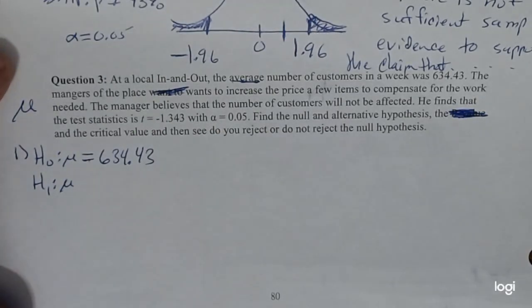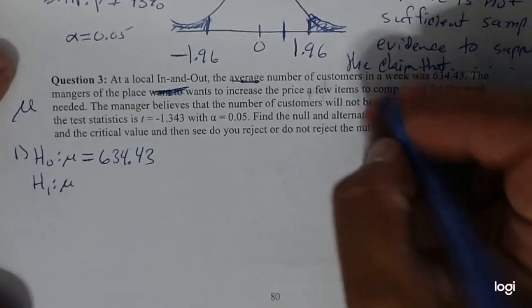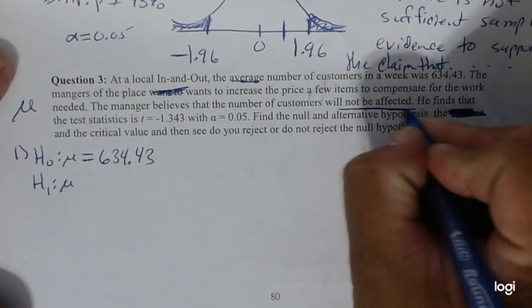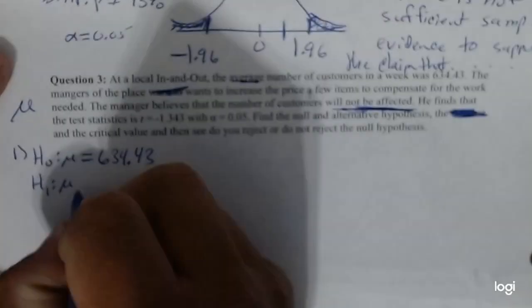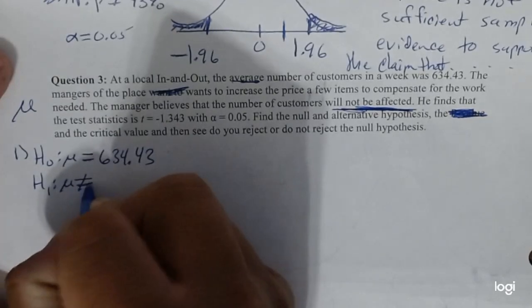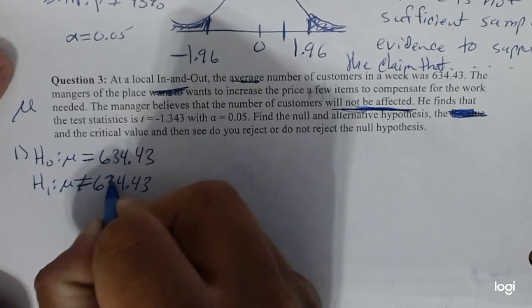Now he says the manager believes that the number of customers will not be affected. What does that mean? That means it's going to be the same, correct? Not be affected, so it's going to be the same. So the opposite of being equal to is not equal to 634.43. That's going to be our alternative hypothesis.